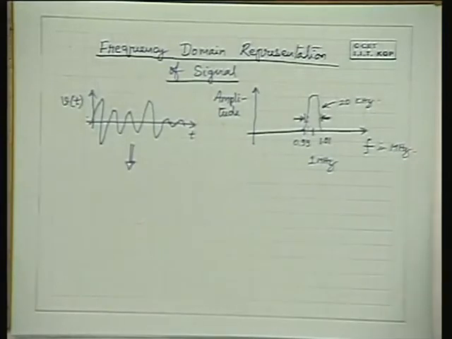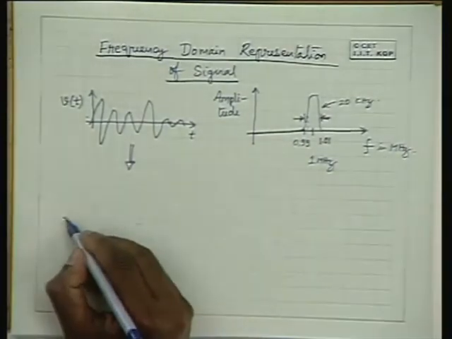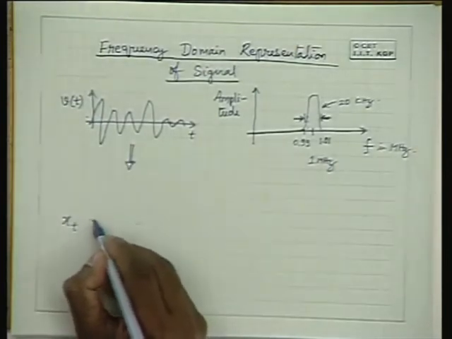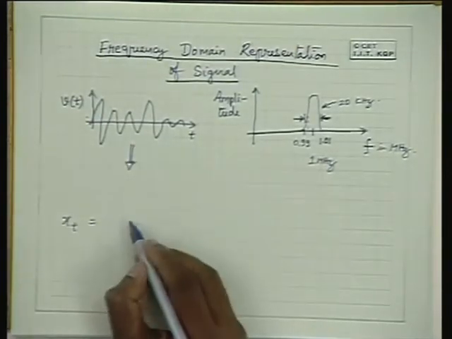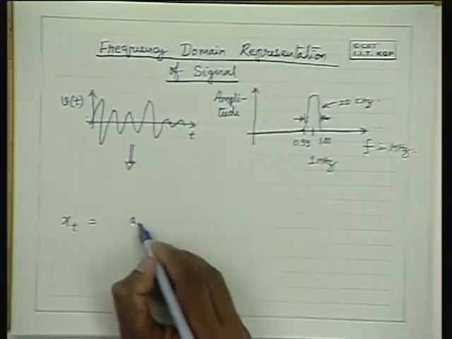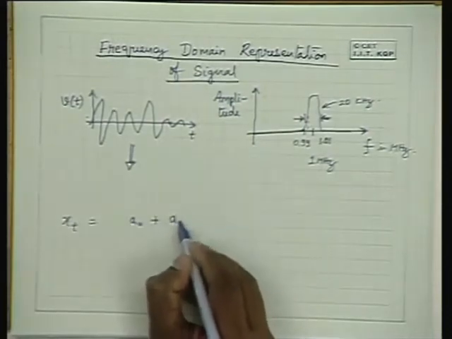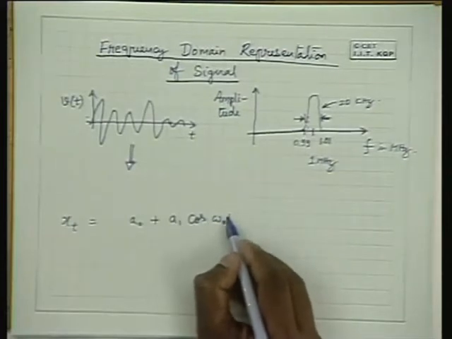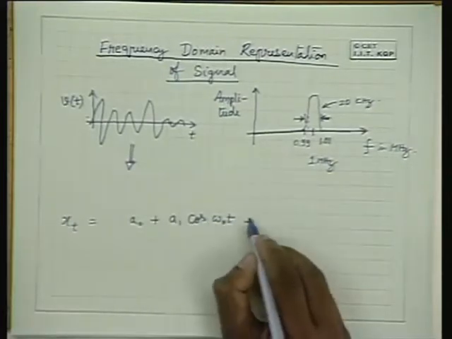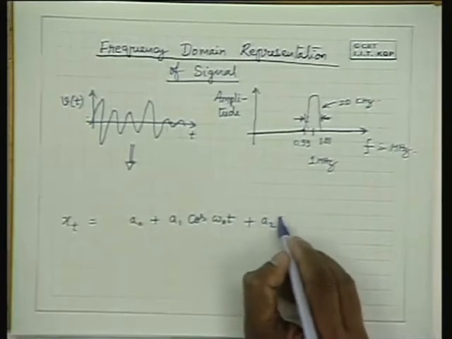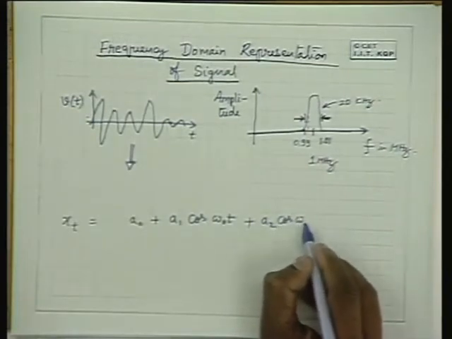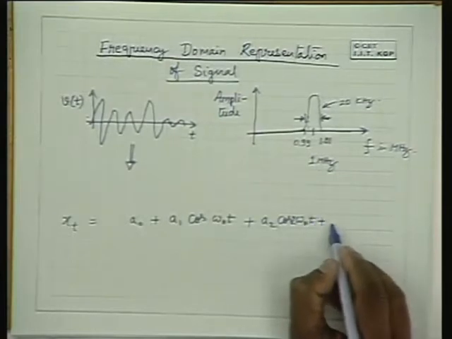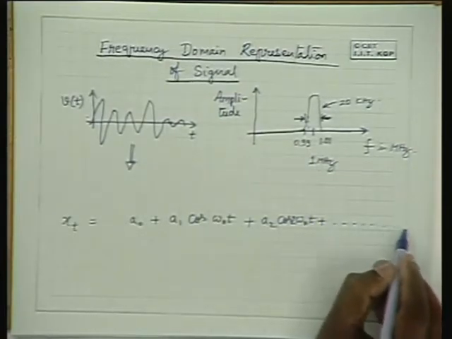According to the Fourier theory, a periodic signal can be expressed as a constant plus a fundamental plus a second harmonic plus third harmonic and so on.